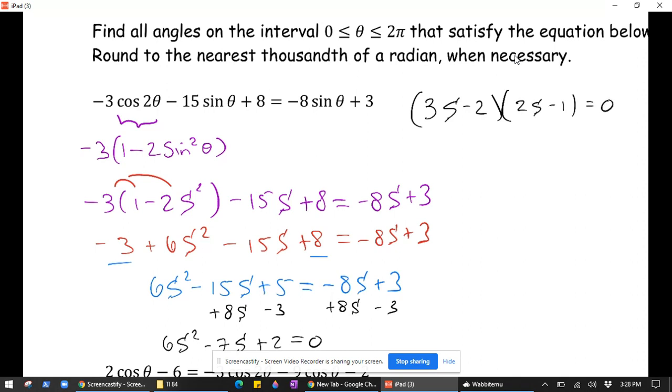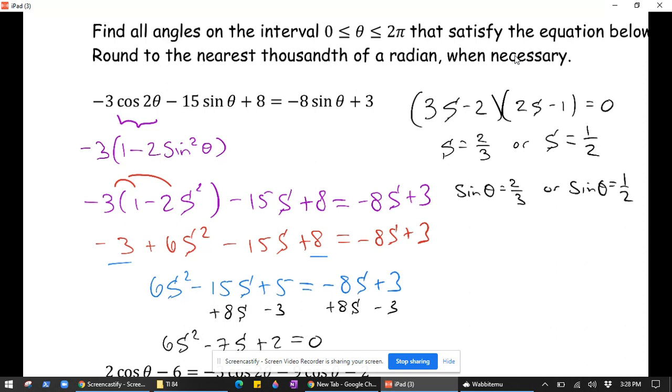You can double check that, but I think that is good. So that tells us that s equals 2/3, or s equals 1/2. Remember, s stood for sine, so this really means sine of theta is equal to 2/3, or sine of theta equals 1/2. Let's do sine of theta equals 2/3 first.